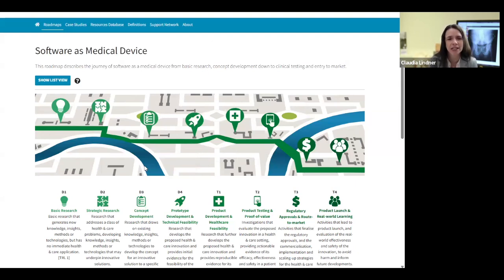Someone might have to take diversions, or take a road back and get back to a stage where they have been previously, and to represent that it's not always a linear process, we adopted the roadmap approach.